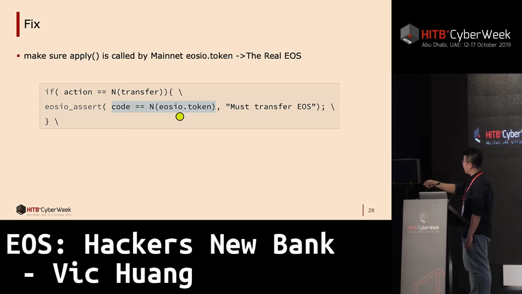And this code means if it is not the logic like this, it will fail. It will error. You must transfer the real EOS.